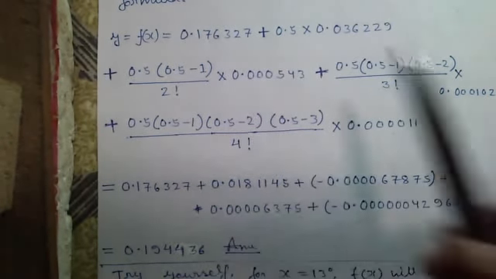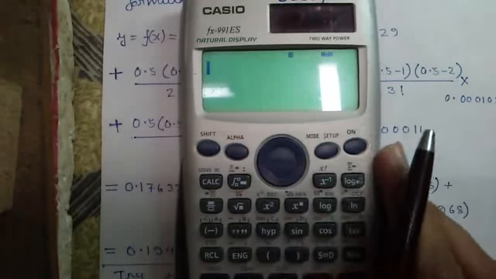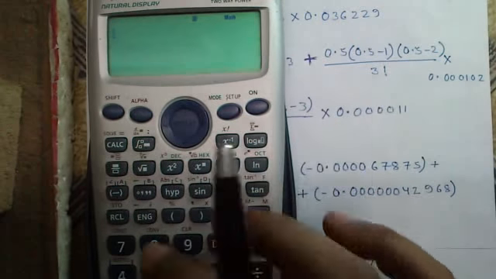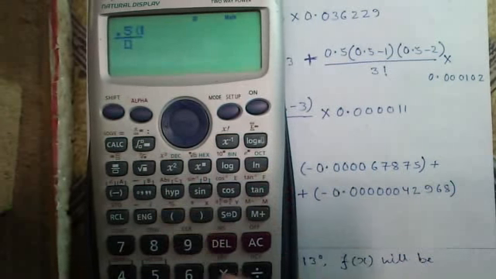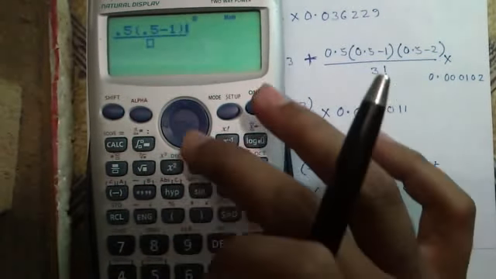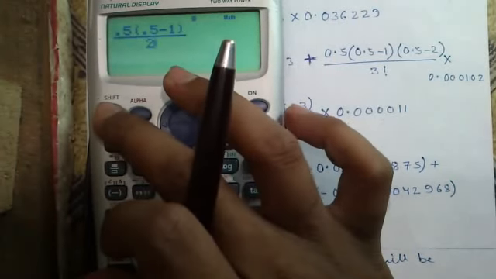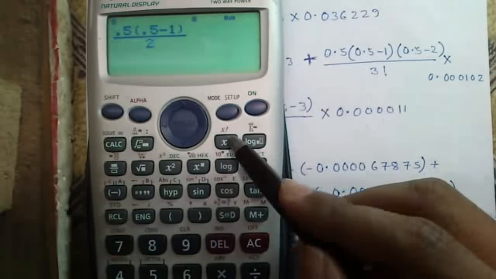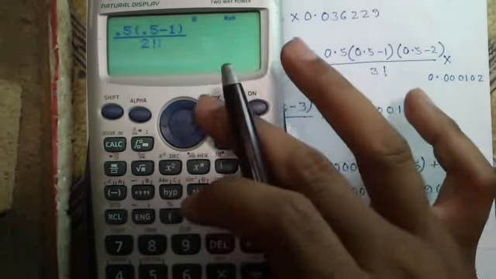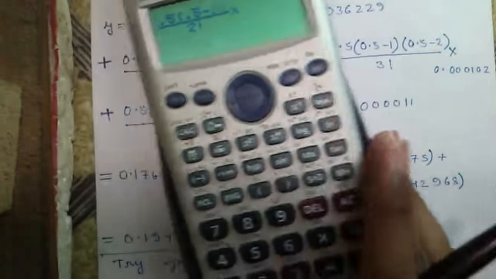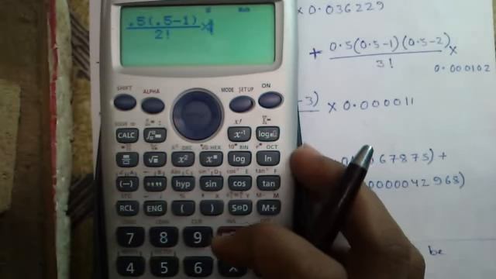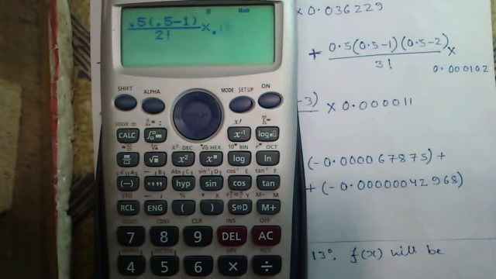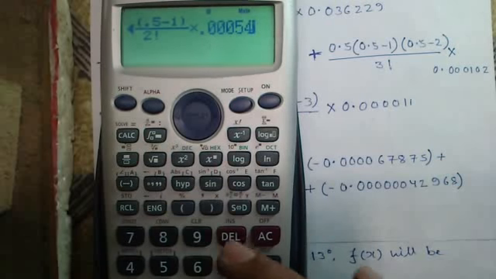To find out this value, you use your calculator in a very simple way. Press the fraction button, 0.5 into 0.5 minus 1, factorial of 2. For factorial, press shift and the x inverse button, into 0.000543 into 0.000543.